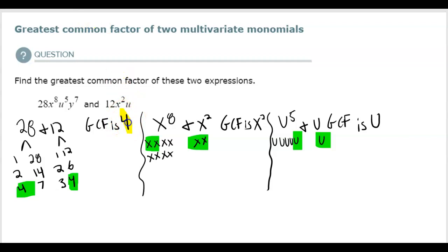So now I'm going to combine this, this, and this. They both don't have y, so that's not going to be one of the GCFs.